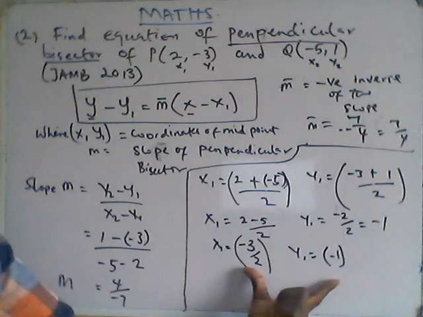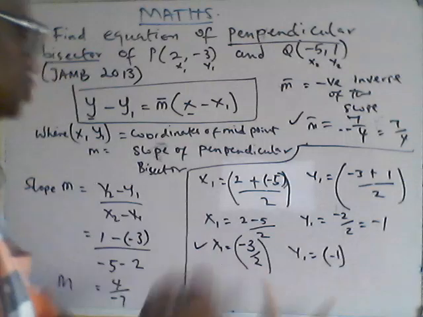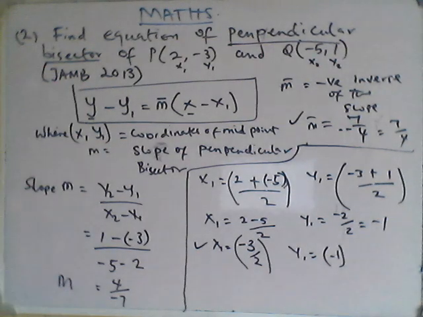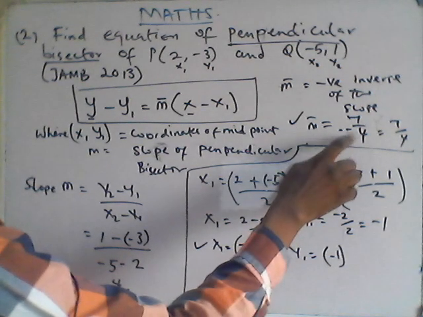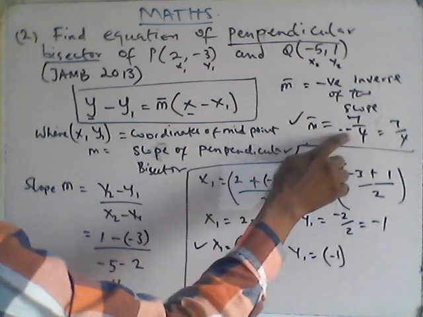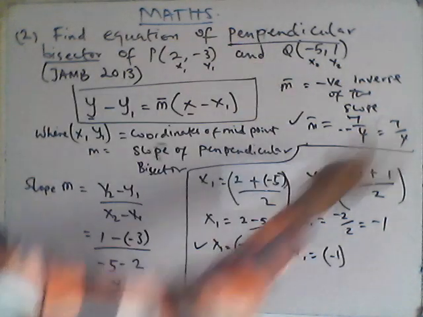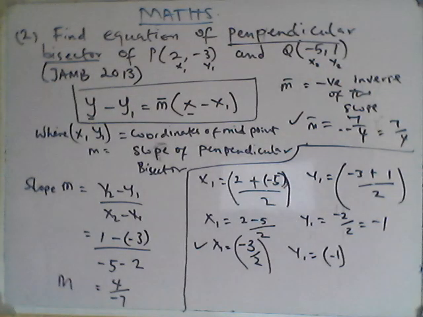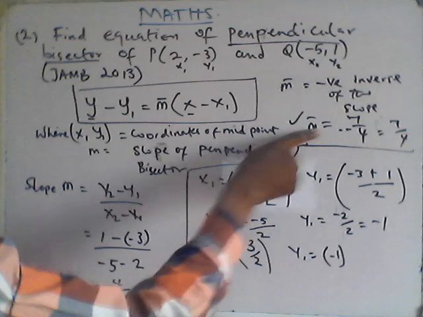I have the midpoint and this, so I'll go back to this equation and put it there. Let's note this: the slope of the perpendicular bisector is the negative inverse of the slope. Note that.